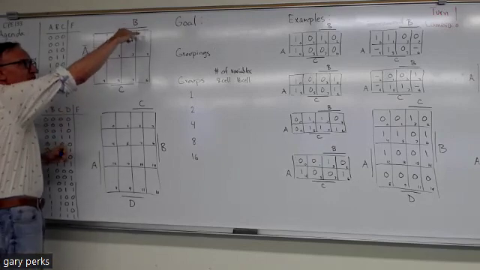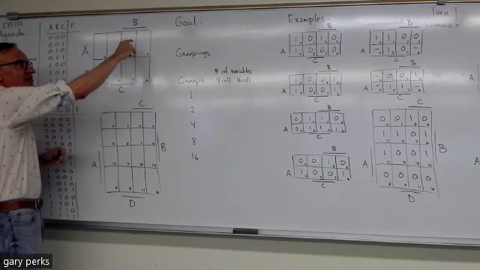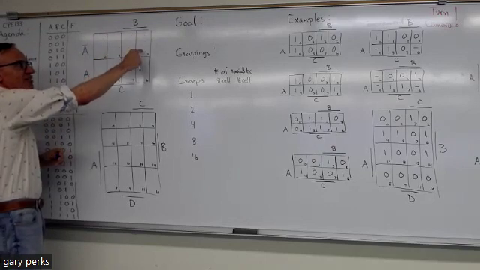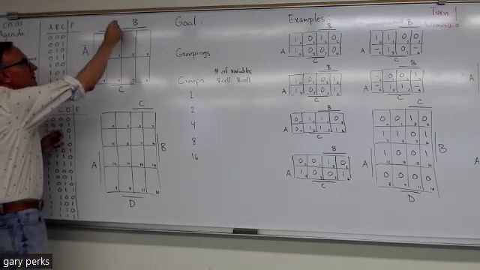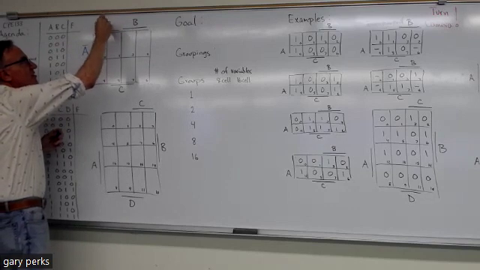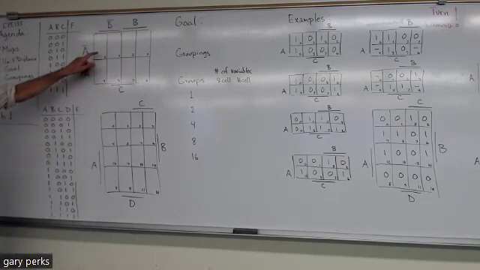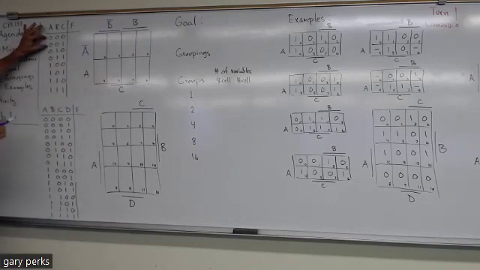Here, the reason you see B is because for these two columns, these indexes, 2, 3, 6, and 7, B is equal to 1 for those binary numbers. Likewise, for these two columns we would have not B, because for 0, 1, 4, and 5, B is equal to 0.